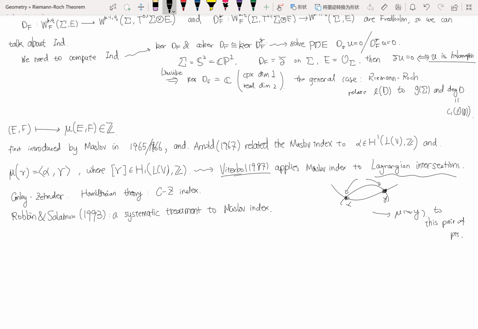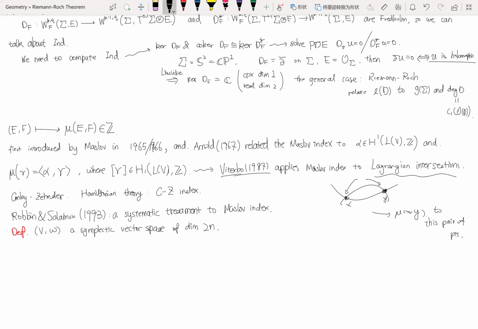And roughly speaking, we are dealing with the Lagrangian Grassmannian. So the first definition is the Lagrangian Grassmannian. Let (V, omega) be a symplectic vector space of dimension 2n.